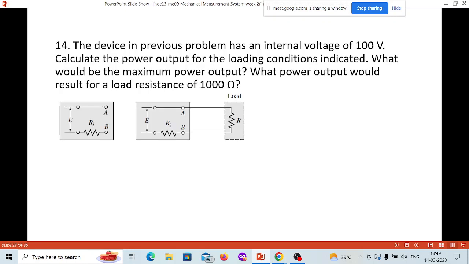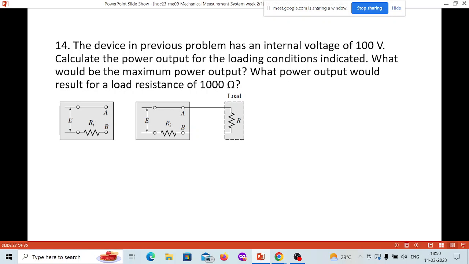So moving on to the next question, you have a device in the previous problem, the same problem. We have an internal voltage which is 100 volts. You have to calculate the power output for the loading condition indicated.